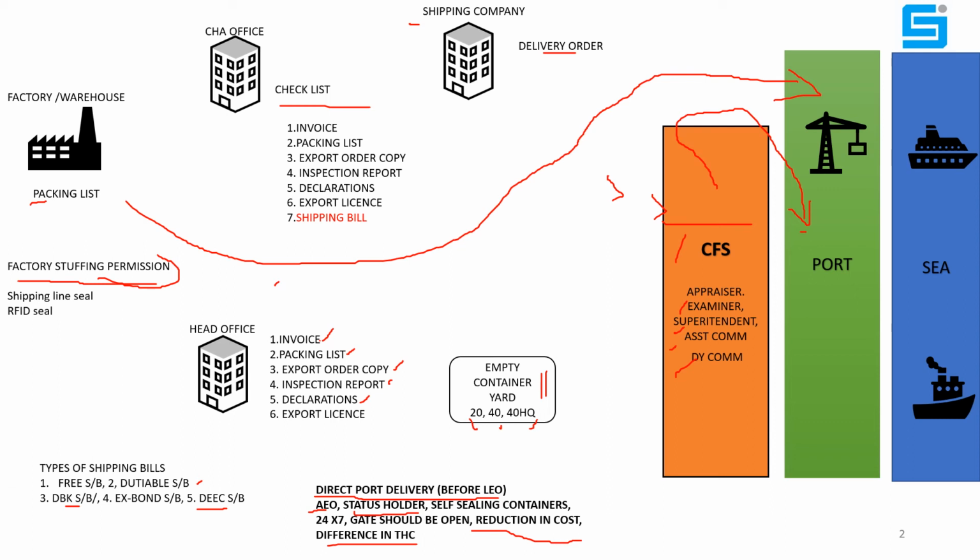All these cargo handling charges are included in TSC, charged by the shipping company and passed on to the CFS. So there is a lot of difference in TSC. These are the facilities of direct port delivery.